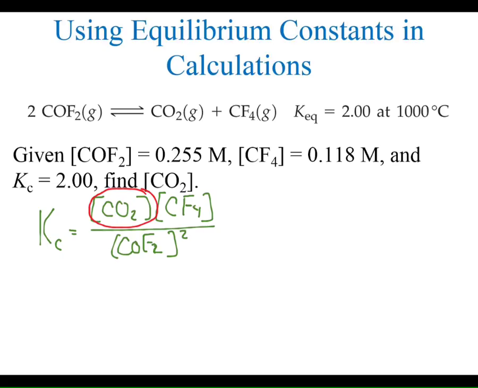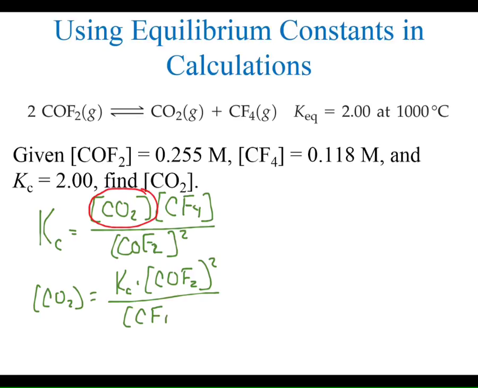So the concentration of CO2 would be Kc times the concentration of COF2 squared over the concentration of CF4, right? Or you could just plug it in here. It does not matter how you do it.